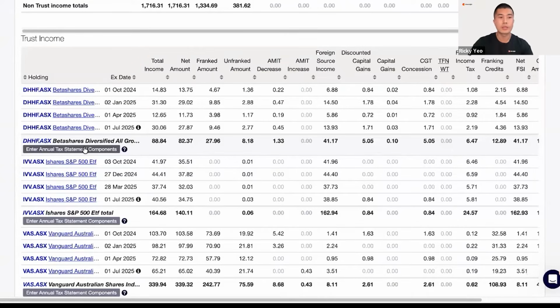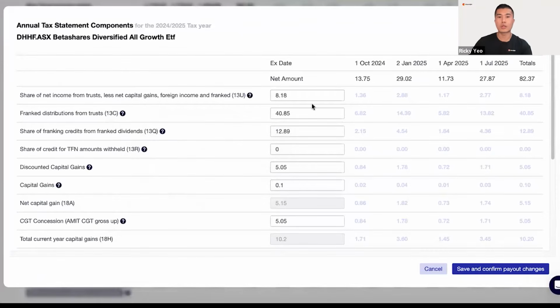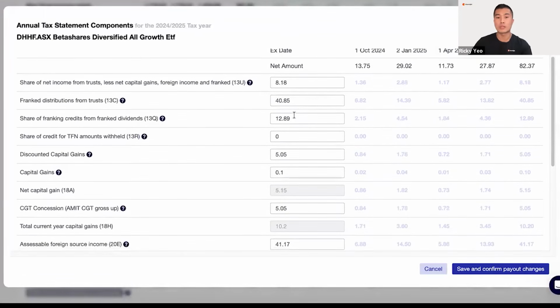So we will populate all that information into your portfolios. But one thing you need to make sure of is, when you receive the annual tax statement, it is still a good idea to quickly double check that the numbers match up with what is in your annual tax statement.